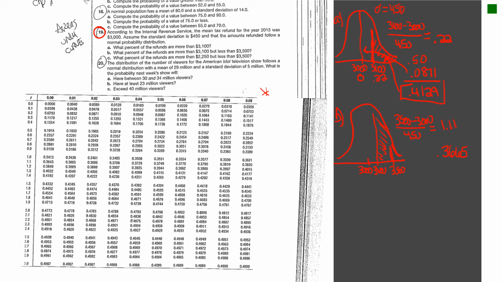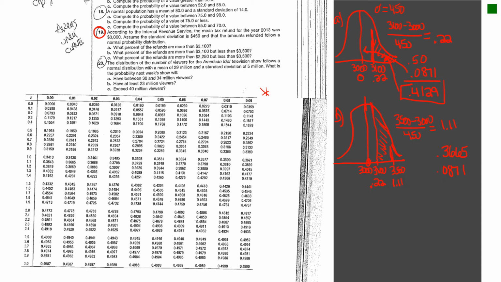And I already know the z-value for 3,100, which was 0.22. So let me write these right down here just to remind you. That was 0.22. That's 1.11. If I look up this area, we already did, we said it was 0.0871. And remember, by default, in the middle of the curve right there, that's 0. Both of these areas take you back to 0.